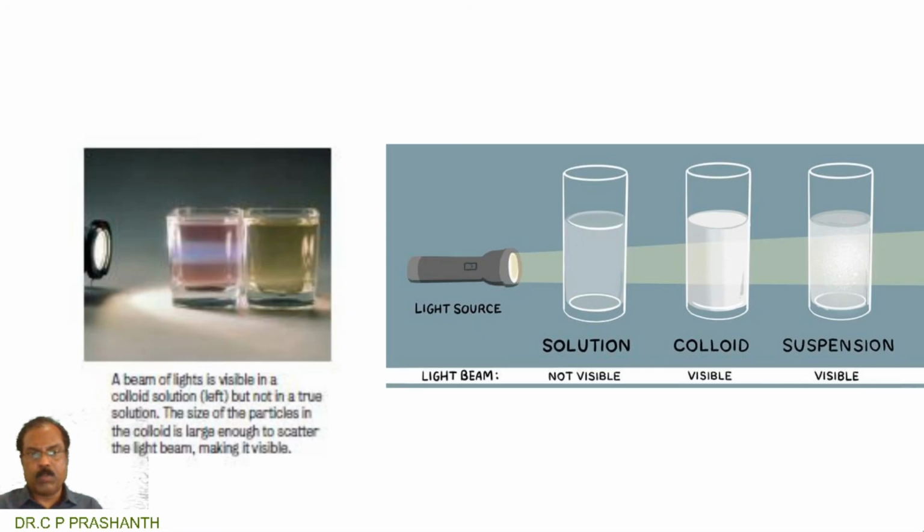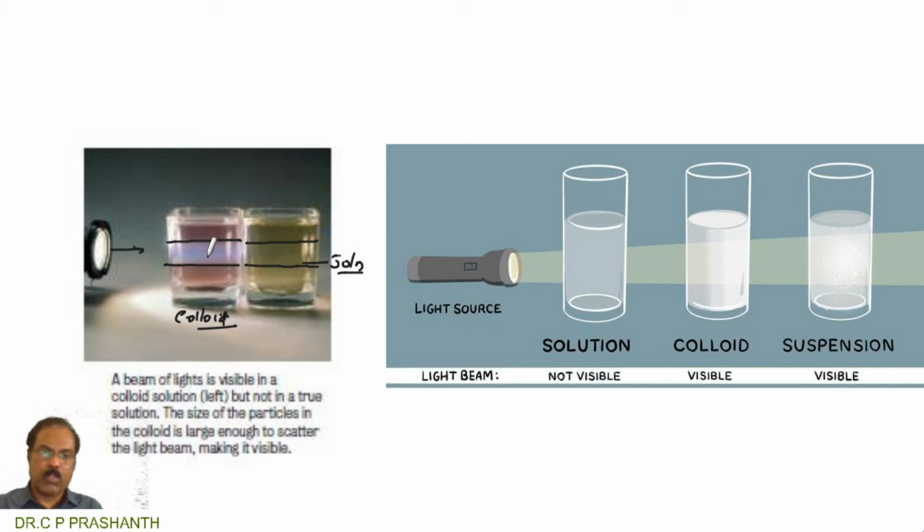Now look at this. This is another experiment. You can see two beakers with one containing a true solution and the other containing a colloid. So when light is passed through it, you can see the path of the light is visible inside, and that is called a Tyndall effect, whereas the path cannot be visible inside the true solution because it just goes through it, because it is transparent.